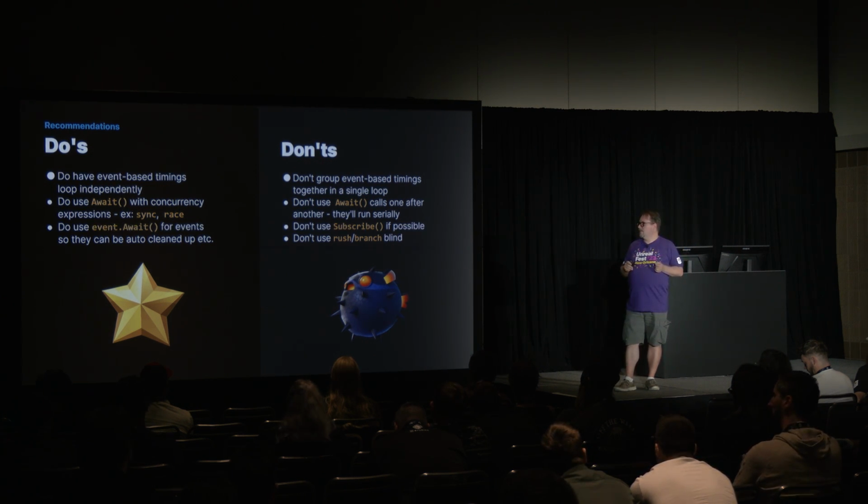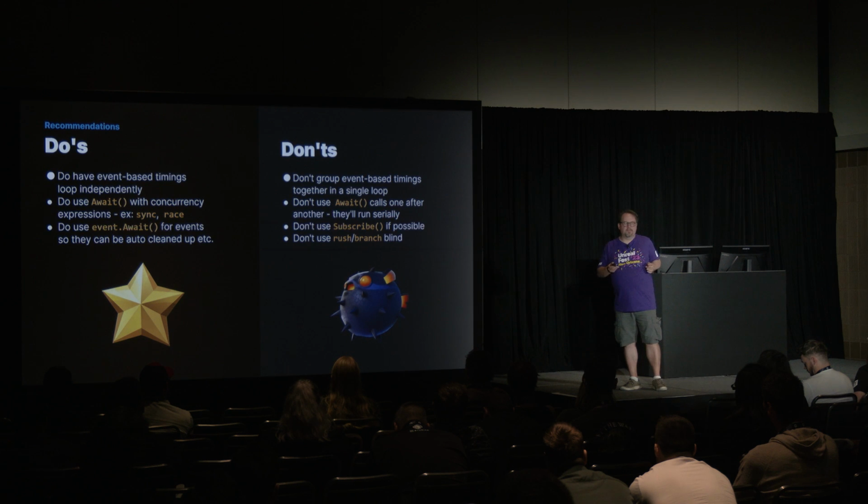And the other thing is, with those events that are in the system, in the API, you can often subscribe to them, or you can call an await on them. I often recommend that you use await rather than subscribe.